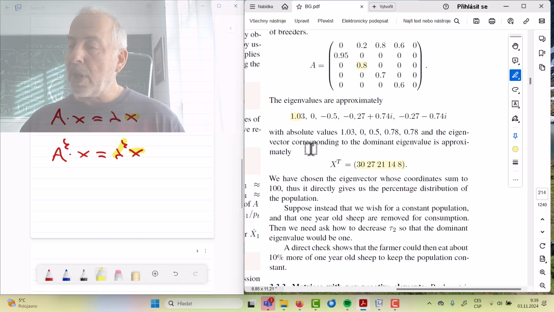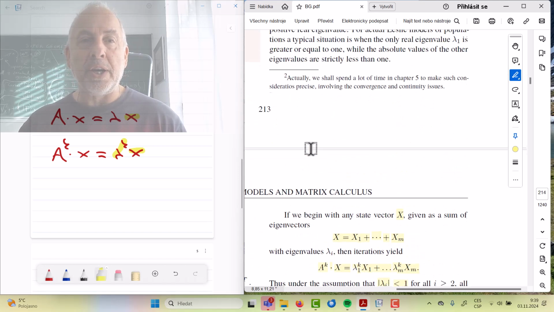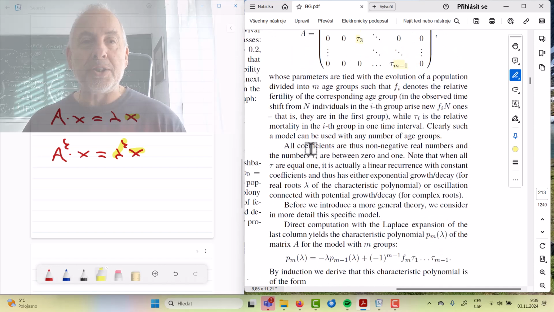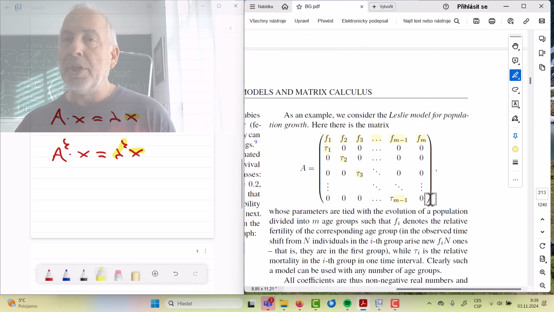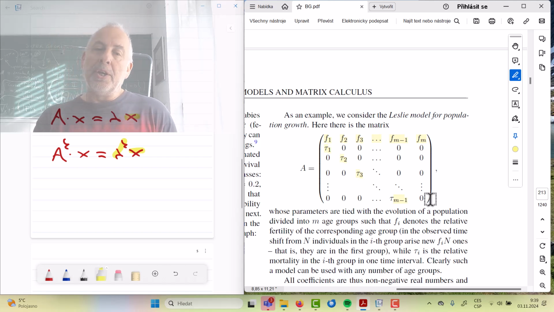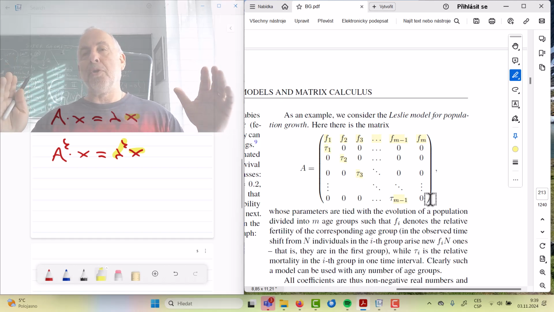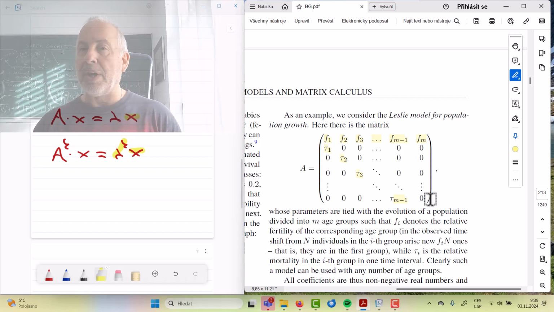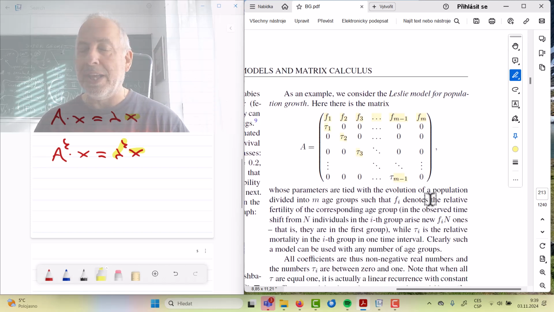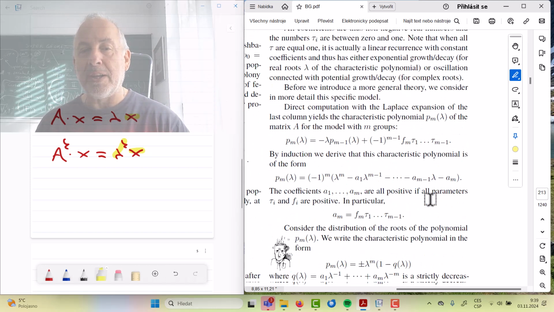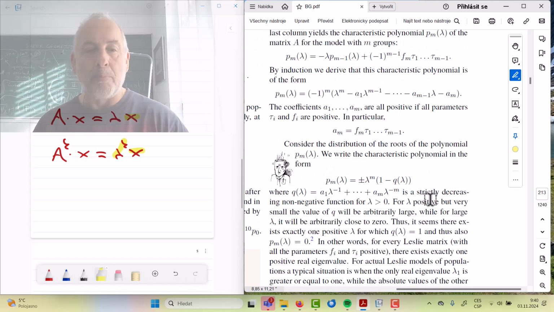By the way, this Leslie model was used already, I don't know, 50 or 60 years back by sociologists to explain the fact that if you look at a population, say a human population, then the relative ratios between the cohorts are very stable, independent of whether the whole population grows or declines. And that's the reason, because it's just the same as the relation between the components of the eigenvector.